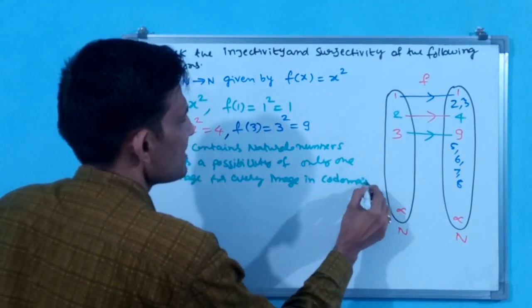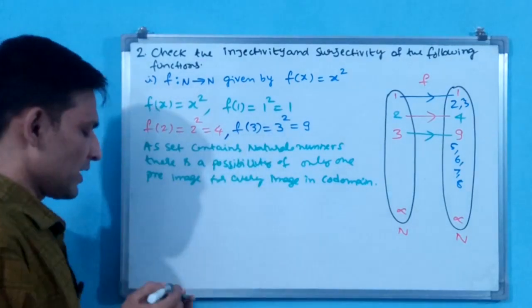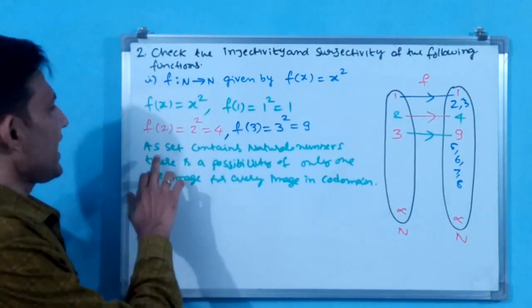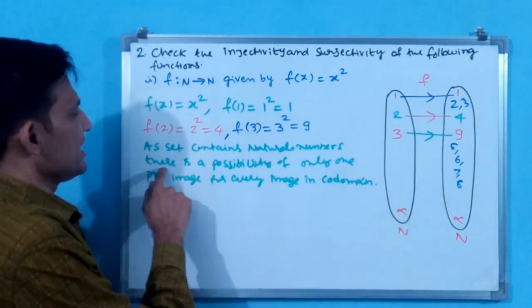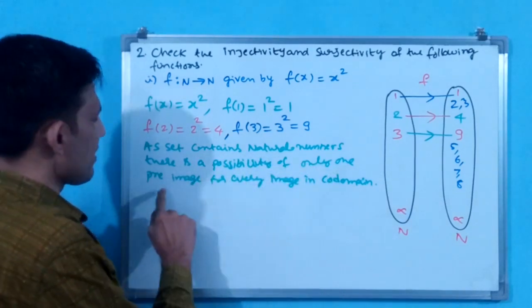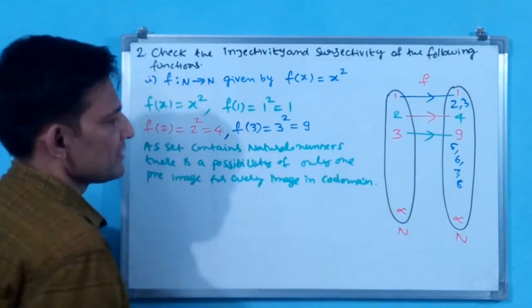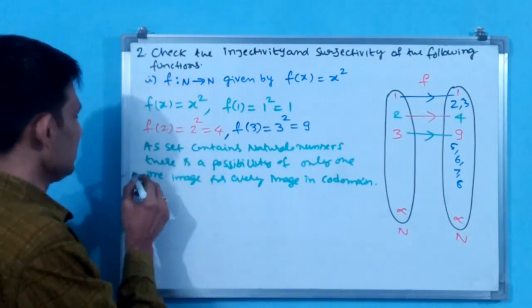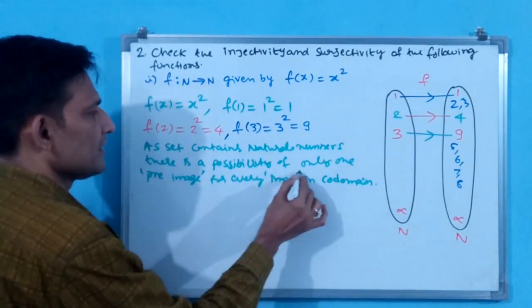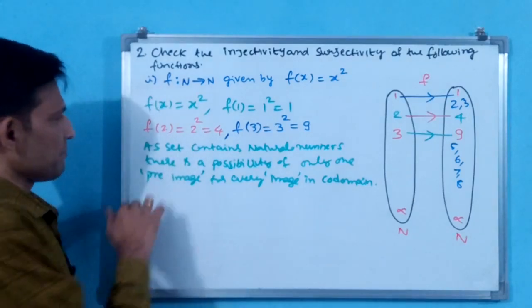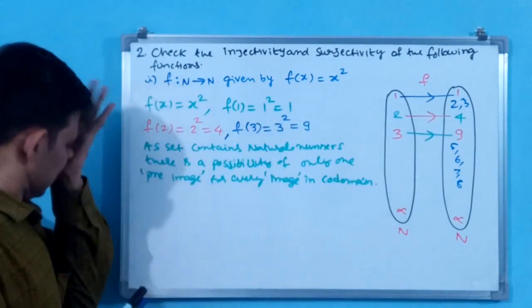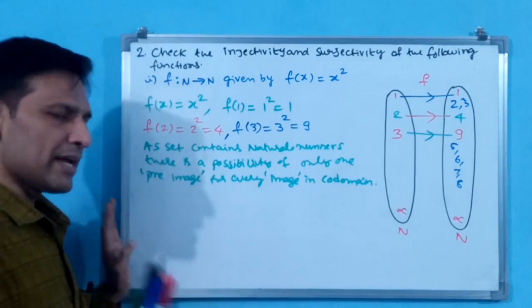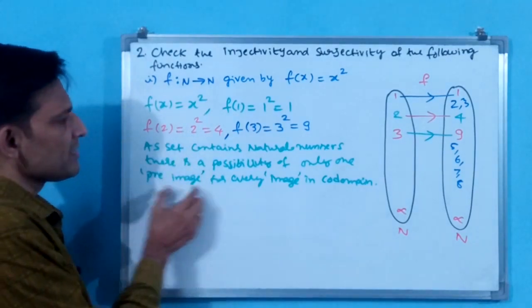Actually, the image will lie in the codomain only. As the set contains natural numbers, there is a possibility of only one pre-image for every image. This is the pre-image, this is the image. Or else you can put it like this. Pre-image, image.